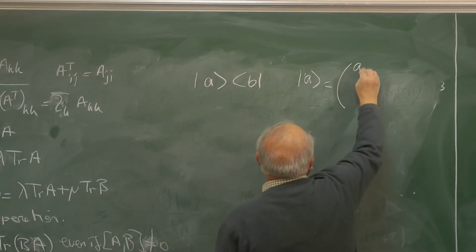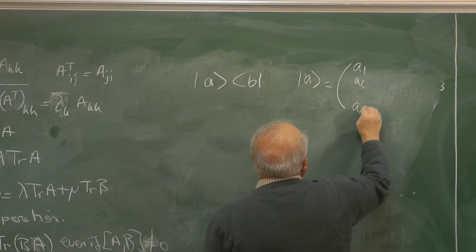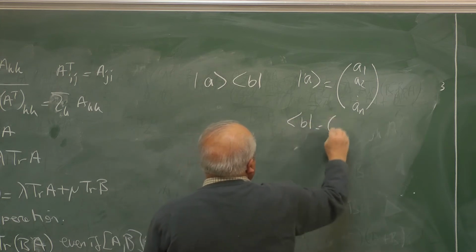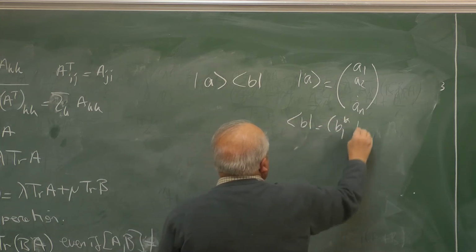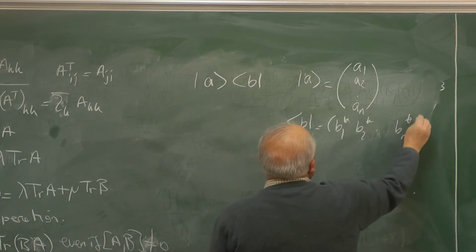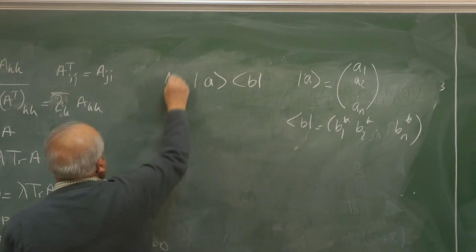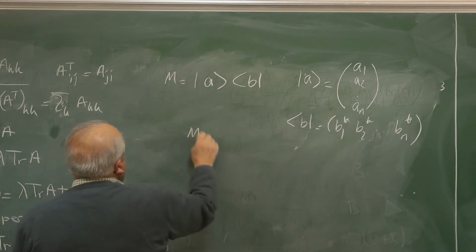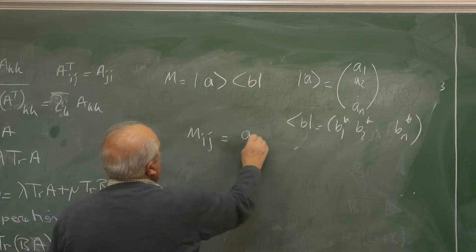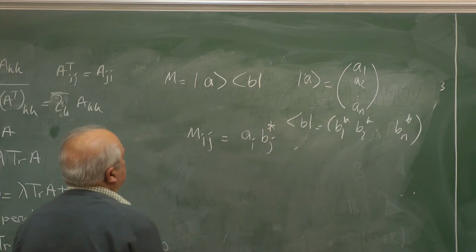In general, with complex components, A_N, and B is a vector like this, B1 star. So if you call this a matrix M, in general, M_ij will be A_i B_j complex conjugate.